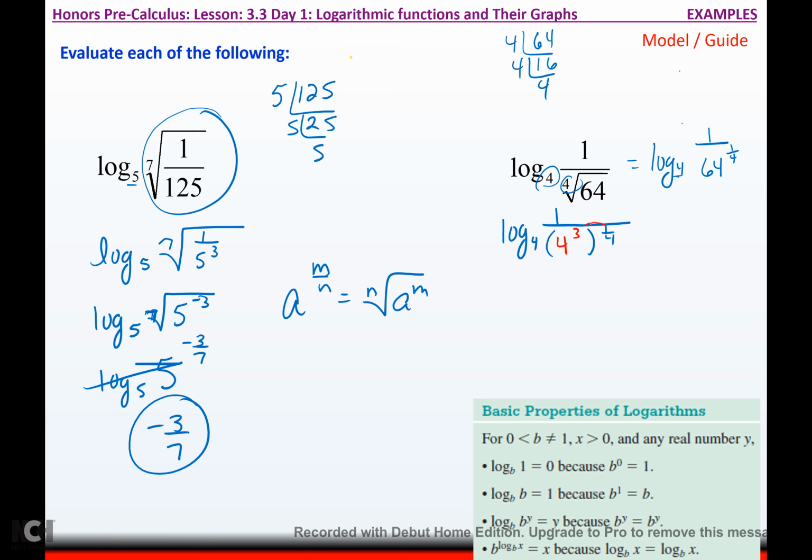Now if I power my power, that's going to be log base 4 of 1 over 4 to the 3/4. When you multiply, you just do the tops. Get this out of the denominator. So I'd have log base 4 of 4 to the negative 3/4. And now they match, so my answer is negative 3/4.